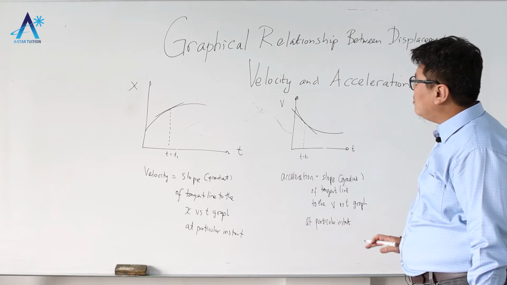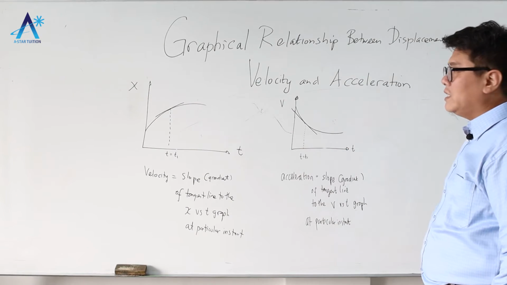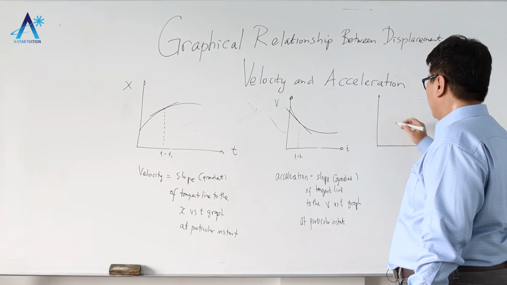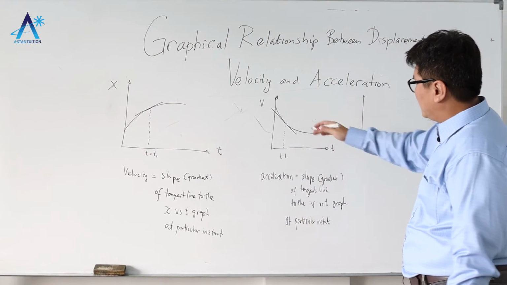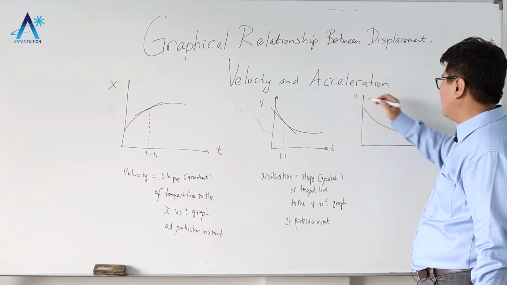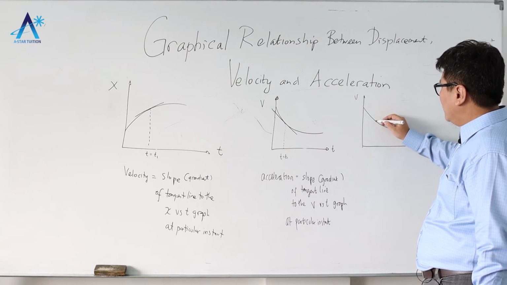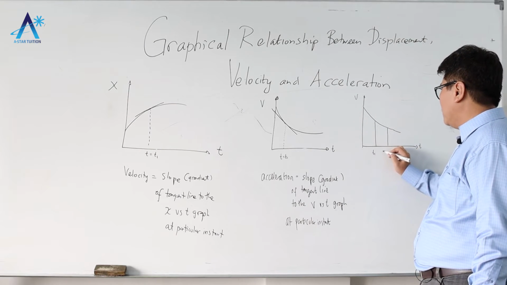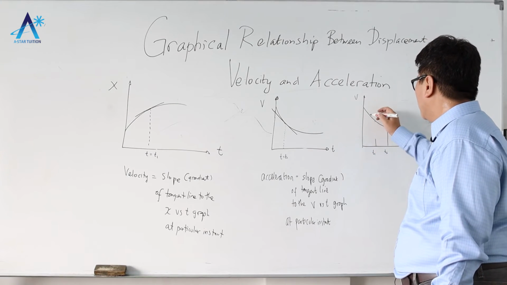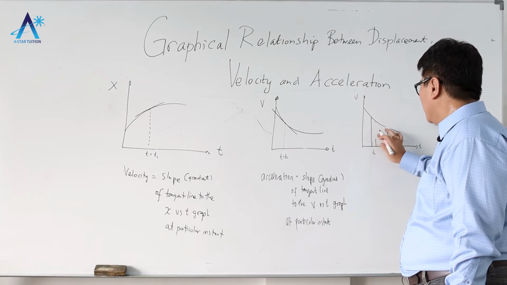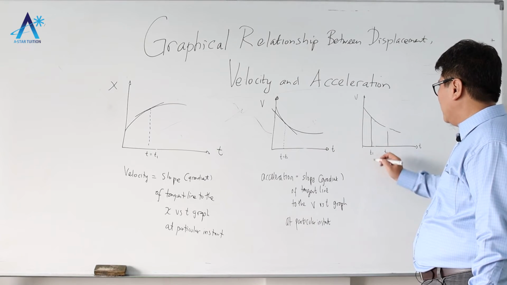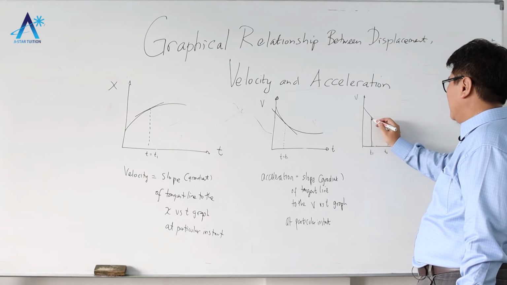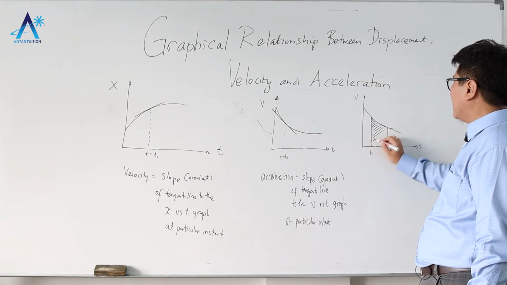Now there's also another quantity that we can deduce, which is the area under the graph. Let me redraw this velocity function. Let me copy this graph from here. So this is v as a function of t. Now if we draw, from t1 to t2, an area below this curve of velocity function of time, this area can be calculated.